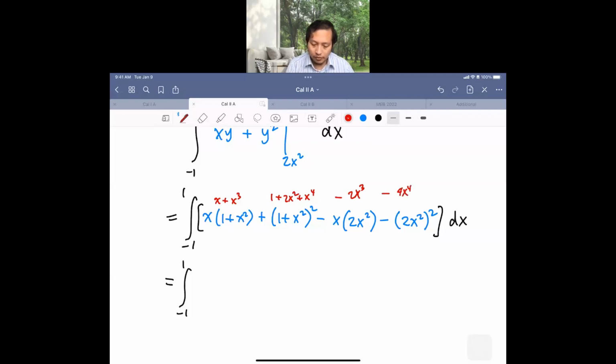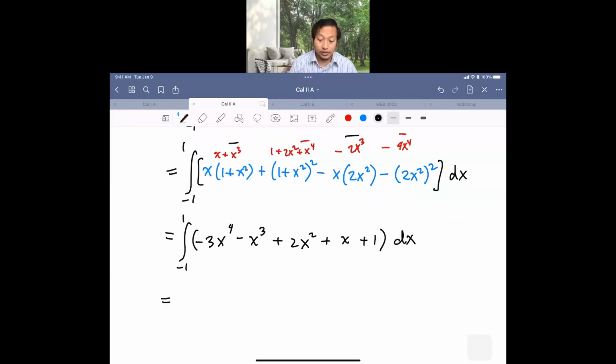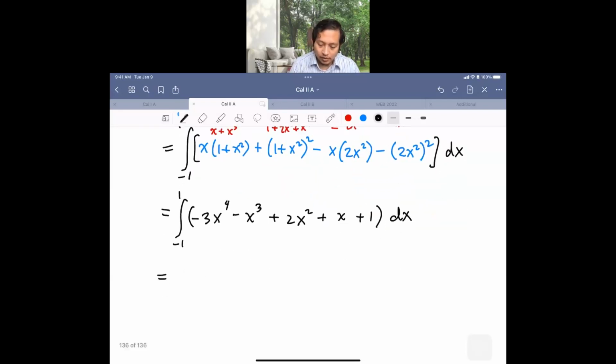Okay, so power of 4, we can write negative 3x with power of 4, and then plus x cubed minus x cubed, and plus 2x squared plus x plus 1, and then the dx. And then evaluate, we still have some integral here.